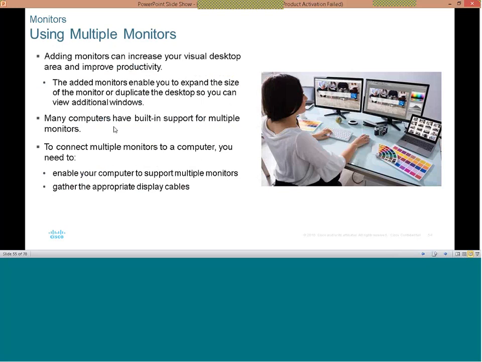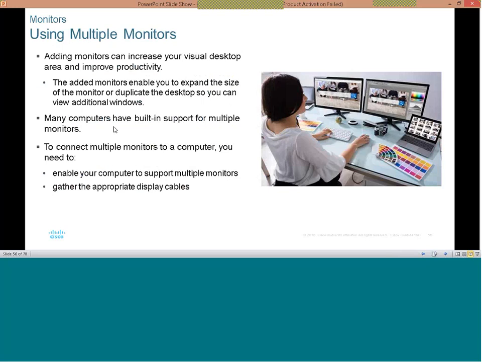You can also use multiple monitors. Adding monitors can increase your visual desktop area and improve productivity. The added monitors enable you to expand the size of the desktop or duplicate it so you can view additional windows.